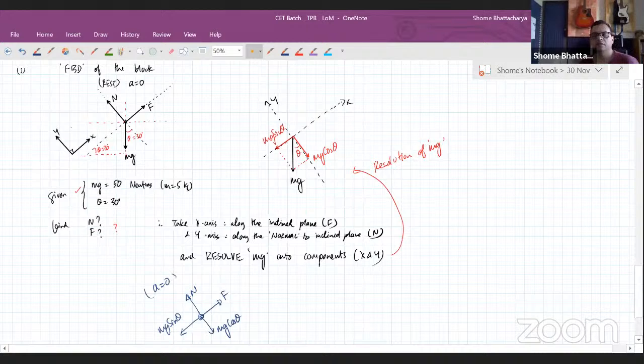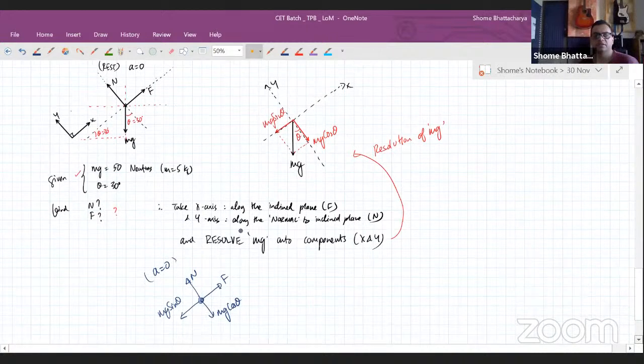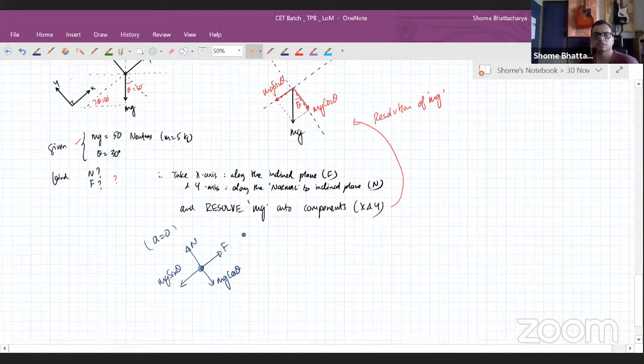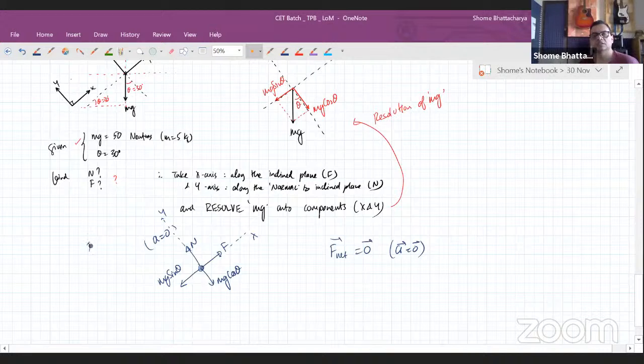And we are taking our x and y axis like this. This is our x axis, this is our y axis. So net force should be equal to 0 because the acceleration of the body is 0. It's at rest.